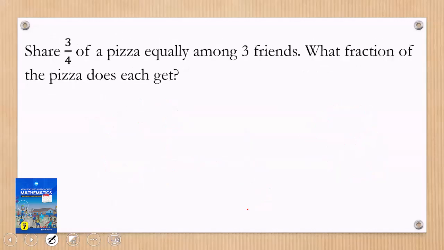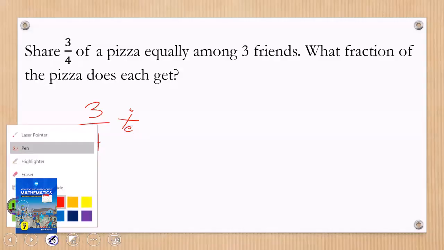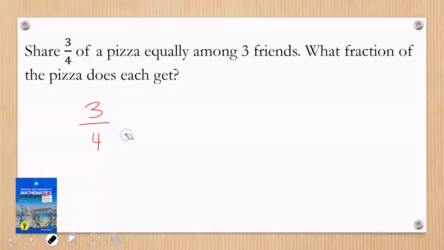Share 3/4 of a pizza equally among 3 friends. What fraction of the pizza does each get? We want to share 3/4 of a pizza by 3 people. So once again, we have 3/4 divided by 3. We change the division to multiplication by reciprocating the second number as this.